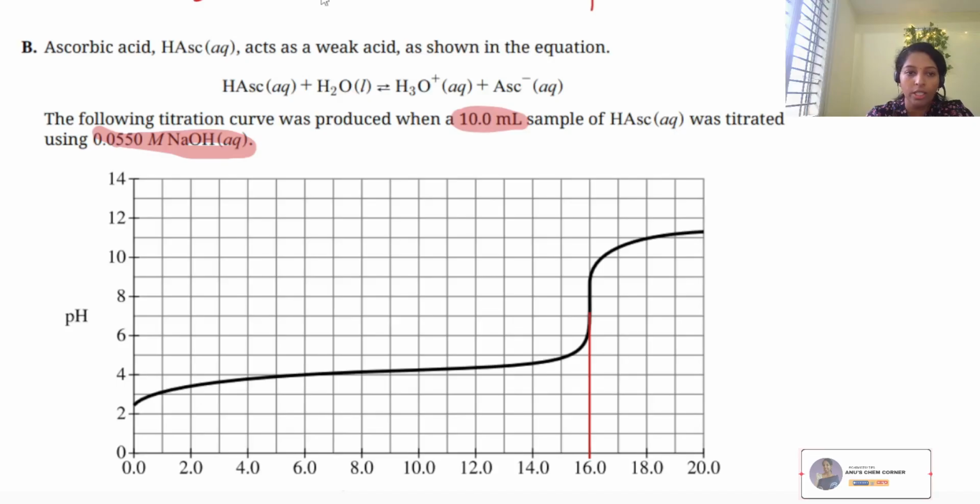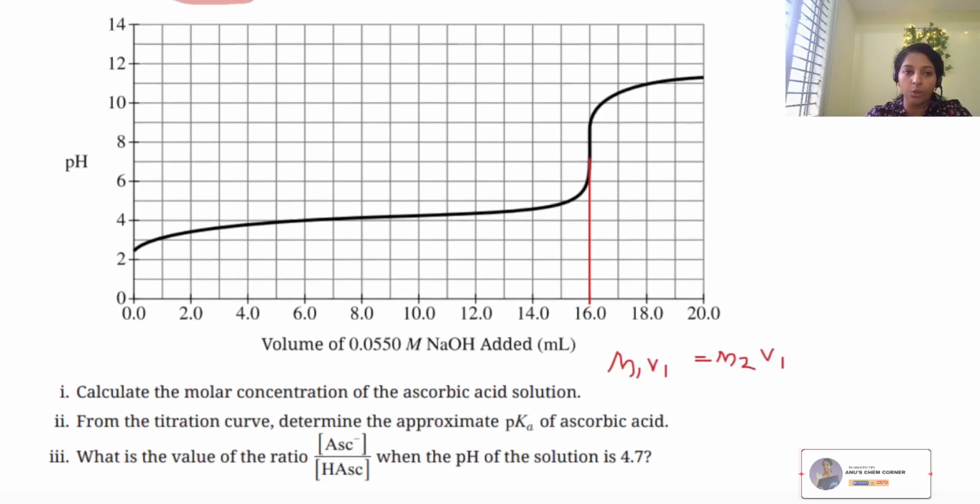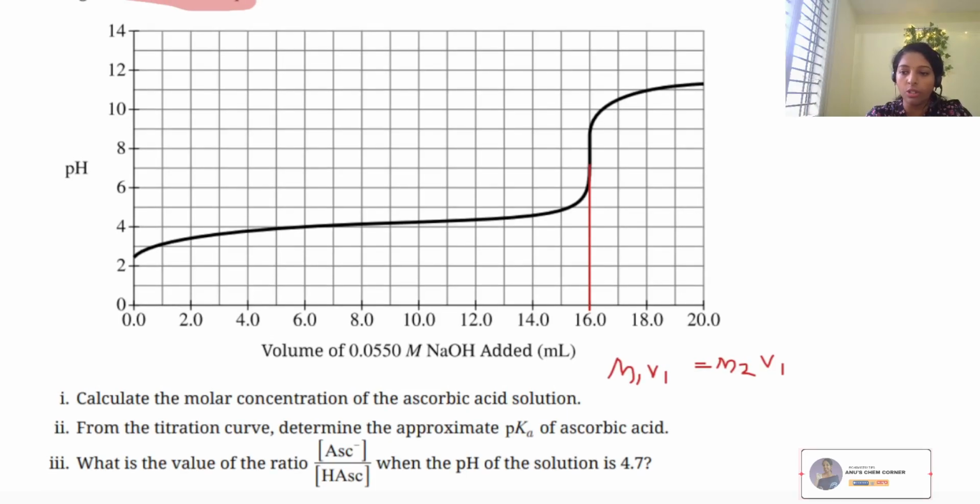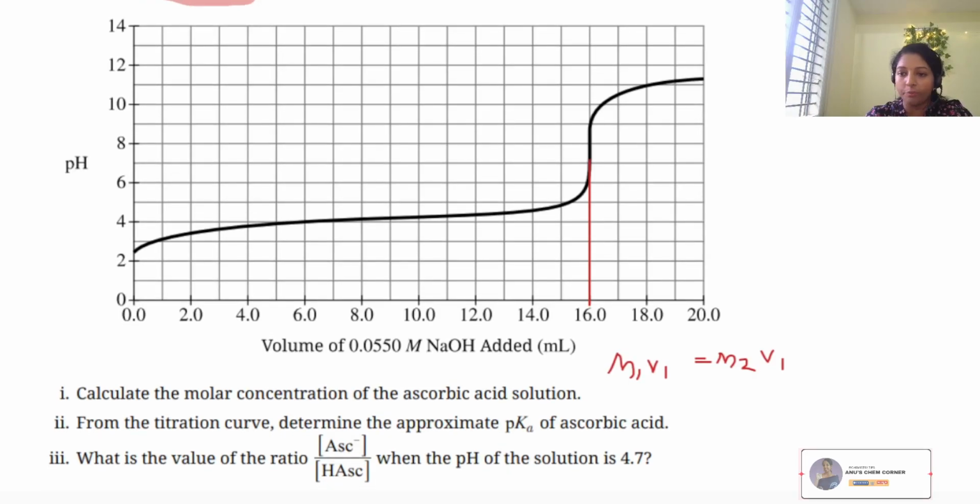See, how do you know? See the thing, HA gives 1 H3O+. It shows it is a monoprotic acid. Okay, and NaOH, as you know, is monobasic. So you can calculate M1.